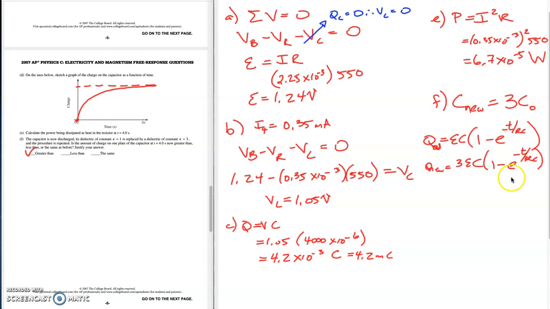And when we plug in our values here, we're going to end up with Q new is going to be 1.63 Q old. Once we plug in a 4 here and a 4 here, plus we're also multiplying by 3 on this guy. That's why we don't have a 3 here, we have a 1.63, because we also have to change that exponential part with that 3 here. So the charge at 4 seconds, when we plug in the 4 there, is going to get us not quite twice the old one. So we're going to want greater than.